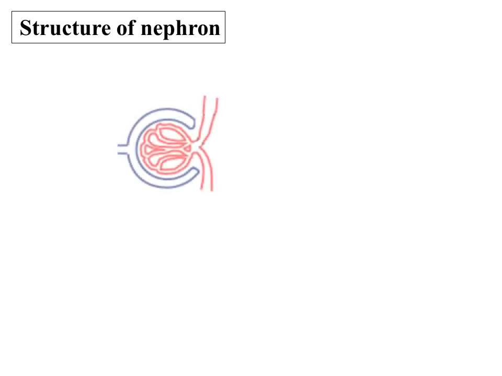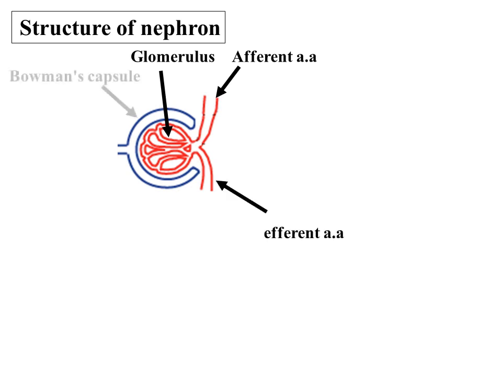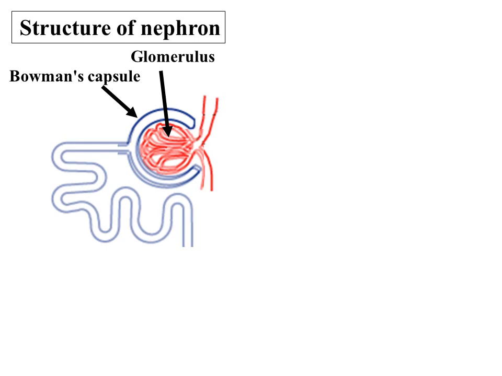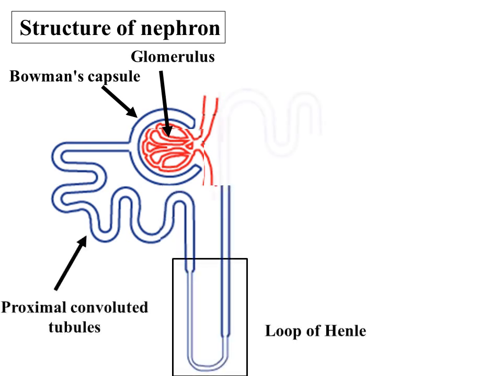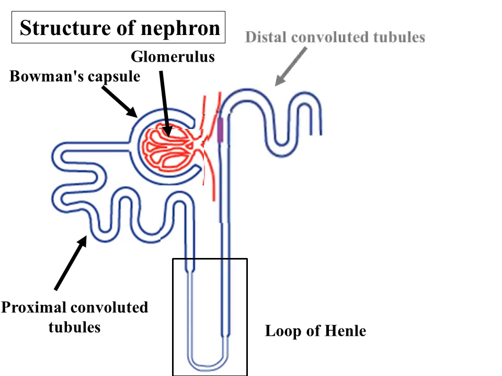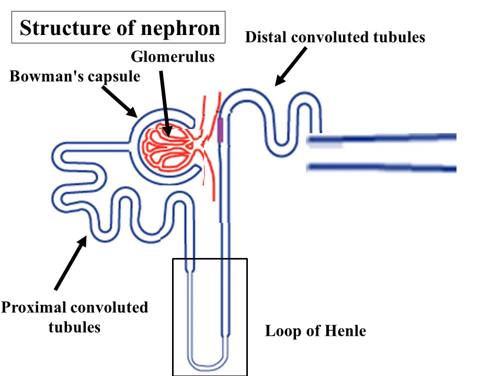The renal corpuscle is formed by the glomerulus and the Bowman capsule, while the renal tubules include the proximal convoluted tubules, the loop of Henle, the distal convoluted tubules, and the collecting ducts.